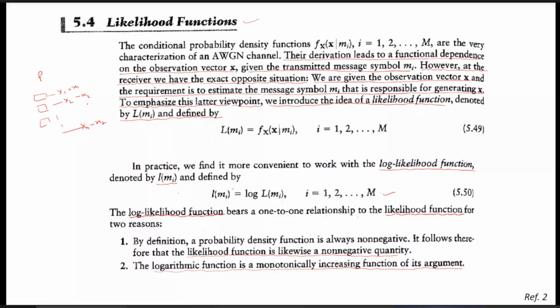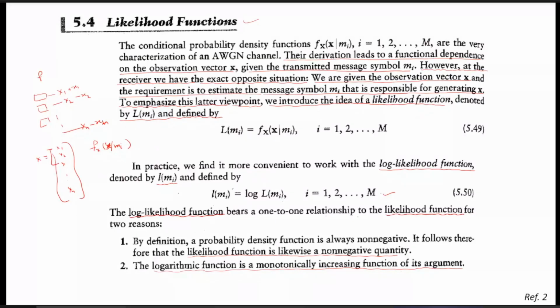Considering this, we have defined the observation vector x, which is the column vector x1, x2, up to xn, for the n correlators. Then we have defined the conditional density function of this x, which is given by f of x given mi. This we have already calculated, where capital X is the random vector and small x is the value taken.